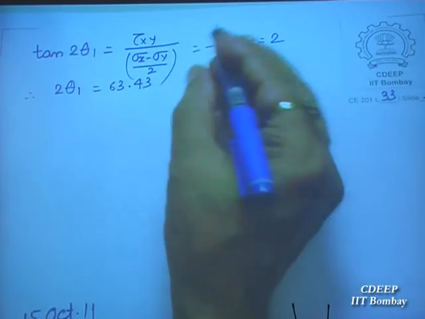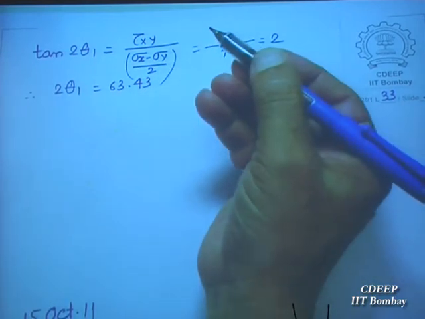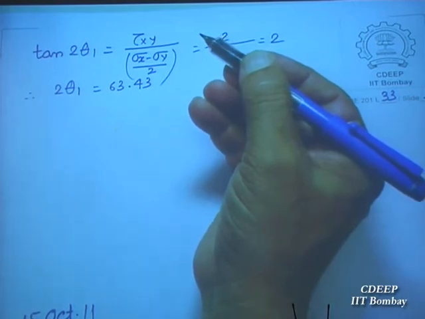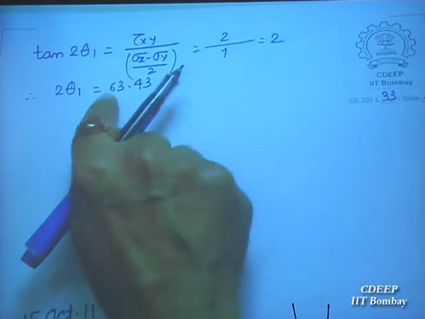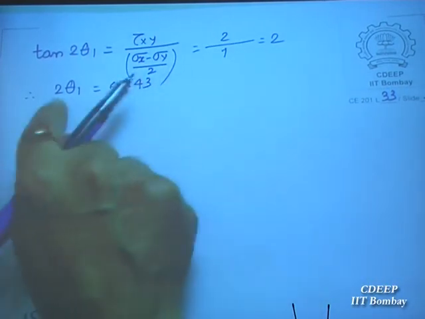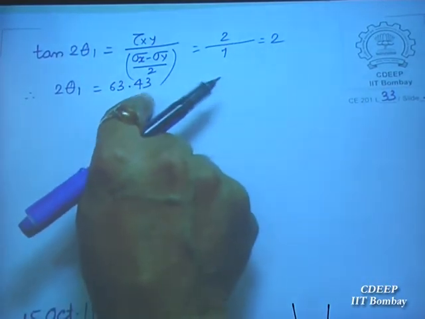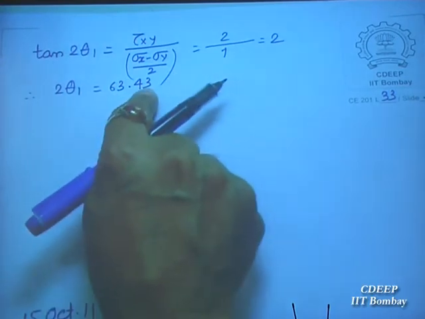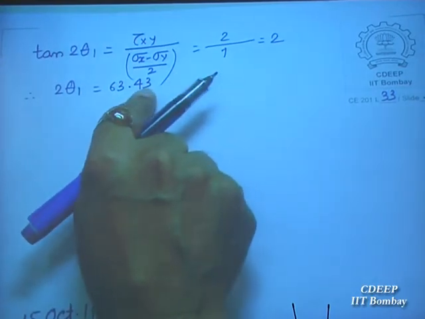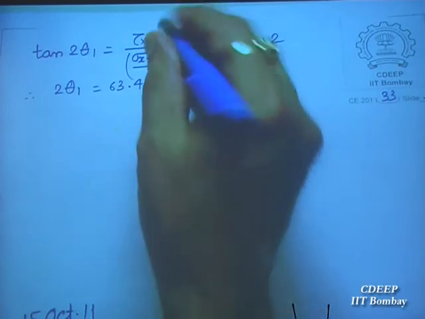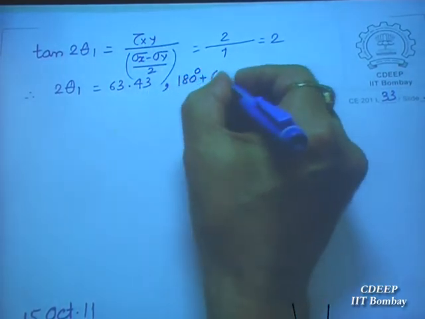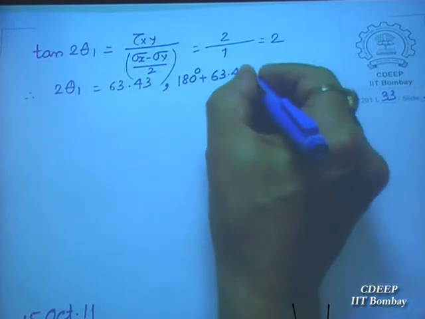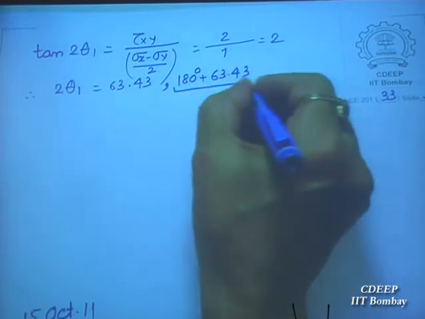And the second will be plus 180. The second root will be, no, this one is 2 theta. You have found out 2 theta, na? This is 2 theta, and the other one will be 180 degrees plus 63.43. No, not 90, 2 theta.